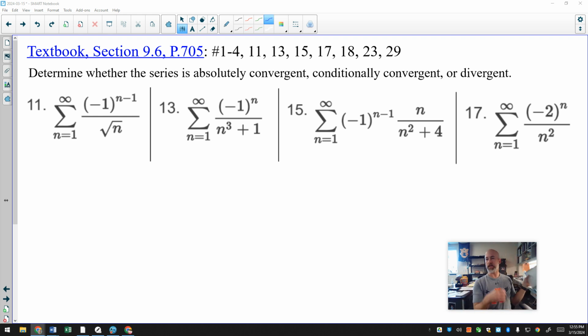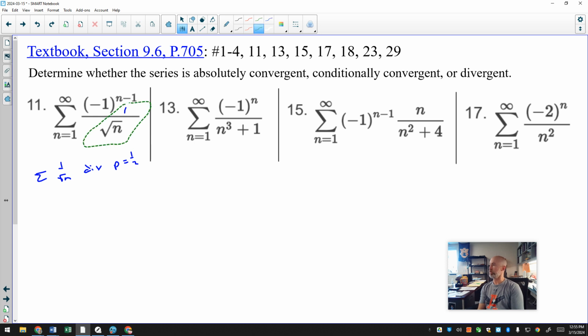So let's look at 13. First, consider the absolute value. If you absolute valued it, it turns into 1 over root n, which will diverge because your p is equal to 1/2. And so now I'm considering the alternating series test: does the sequence 1 over root n approach 0 and decrease?